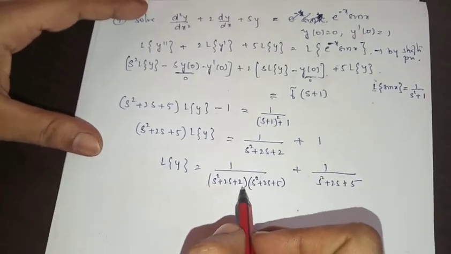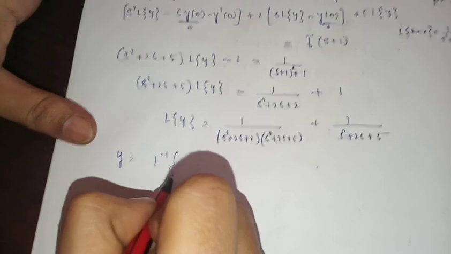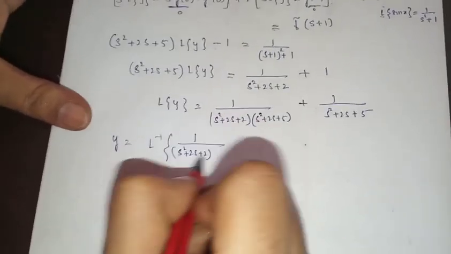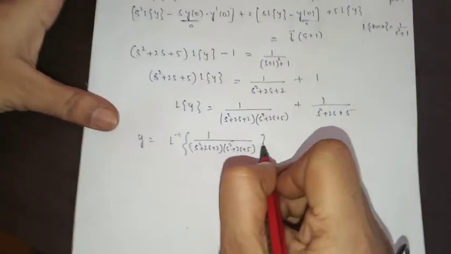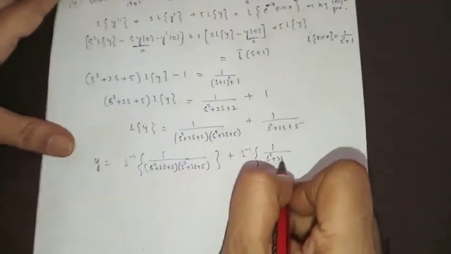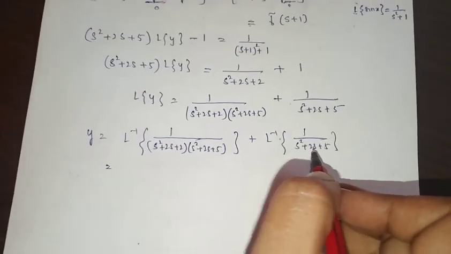Bringing this here. Now we have done already one problem how to write the Laplace inverse of this. Laplace inverse of 1 by (s square plus 2s plus 2)(s square plus 2s plus 5) plus Laplace inverse of 1 by s square plus 2s plus 5. Here you can make this a perfect square in the denominator and apply the shifting property.